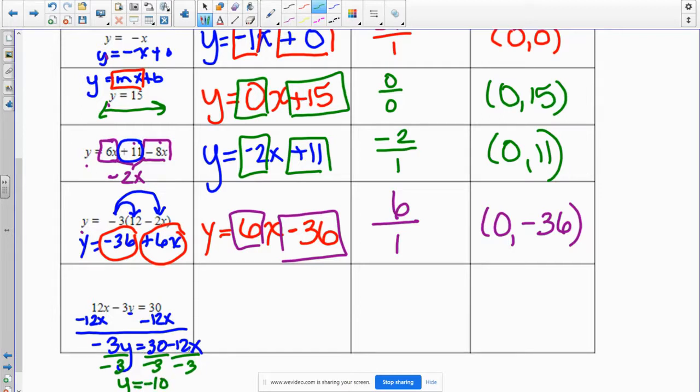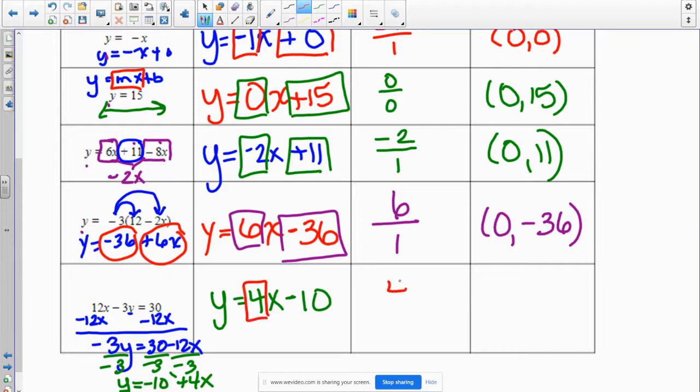Negative 12x divided by negative 3 is a positive 4x. So now I'm just going to write it in correct order. So y, which we needed by itself, we did a good job. This is your slope. Remember the coefficient with the x, so 4x, and your y-intercept is sitting right here at negative 10. So the final thing is just write it up here.